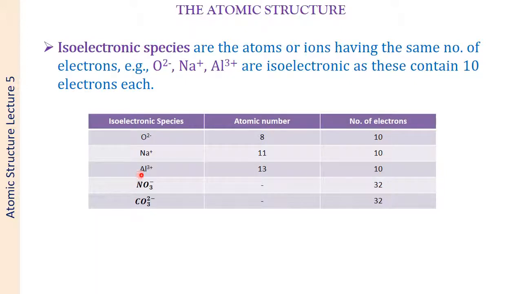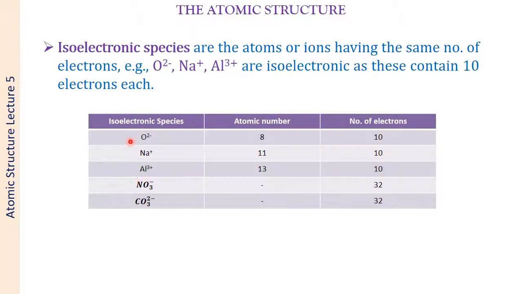And similarly, aluminium plus 3, the atomic number is 13. The number of electrons in the neutral atom would have been 13, but because it has lost 3 electrons, it has 10 electrons. So now these all having the same number of electrons, they are isoelectronic species.